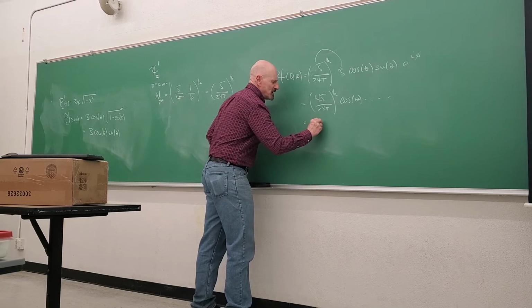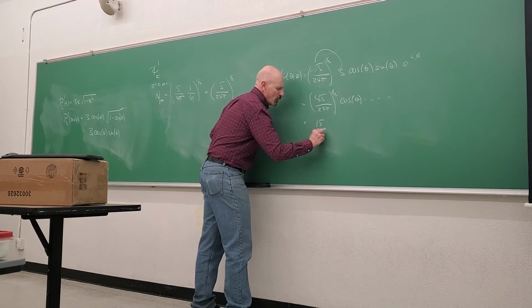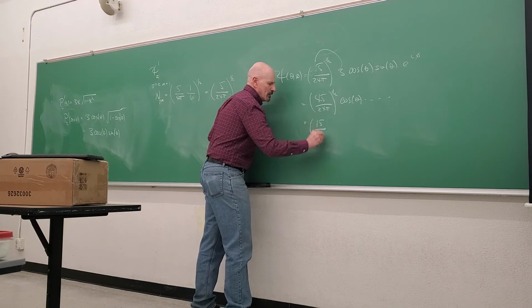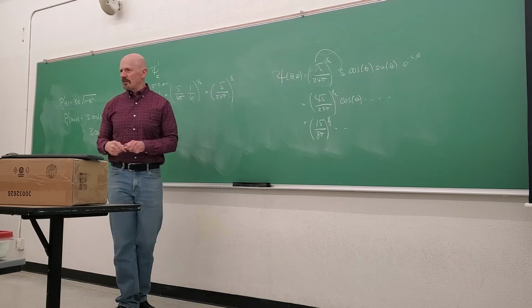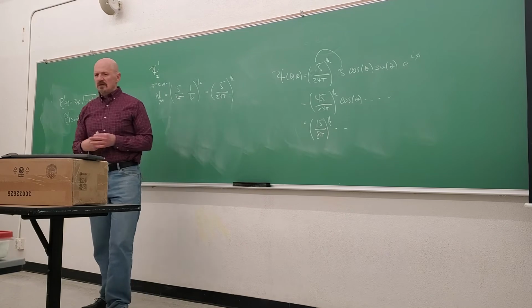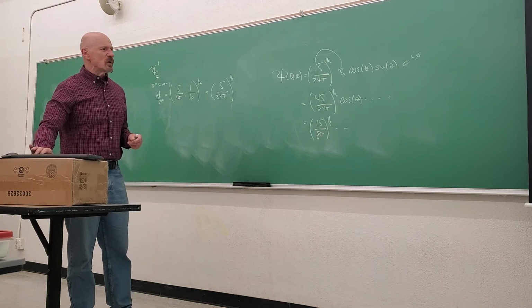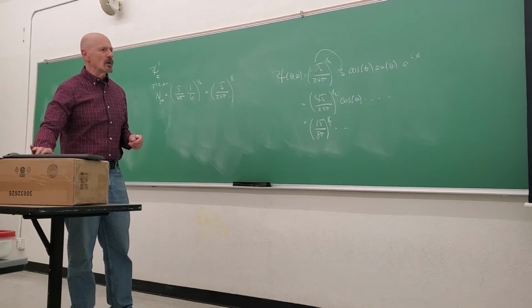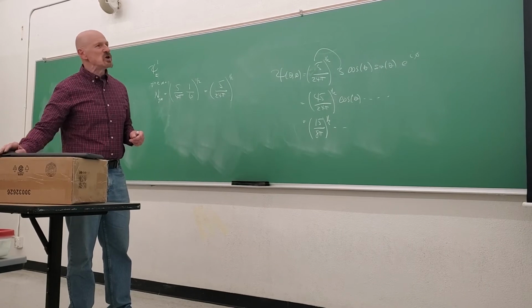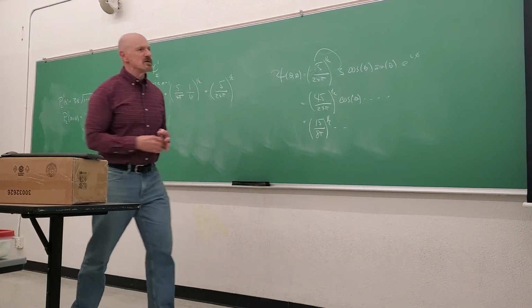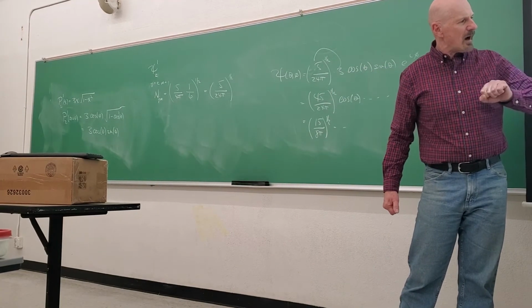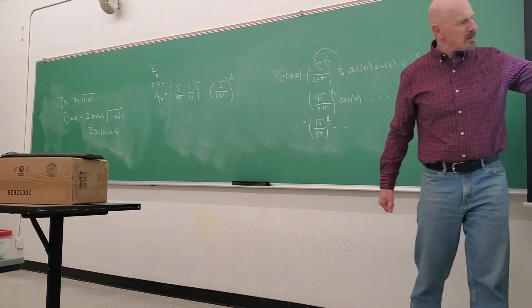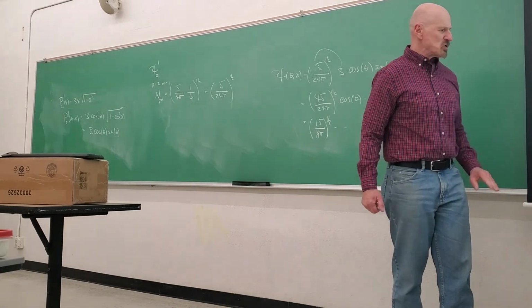So I can do 15 over 8 pi to the 1/2, and all. So I can collect the constants together if I want. You don't have to, but it comes into play. So that's what I've done here. So going down now, continuing, there's the 5 over 24, and here's my 3 cosine theta sine theta e to the i phi. I brought the 3 in, and there's my 15 over 8. So there's my wave function.